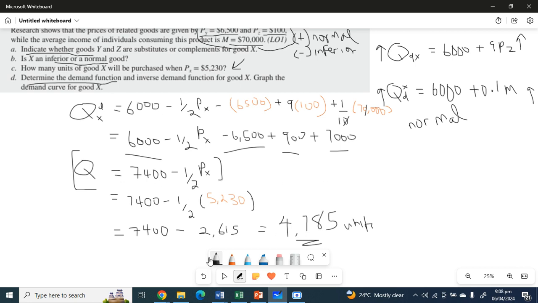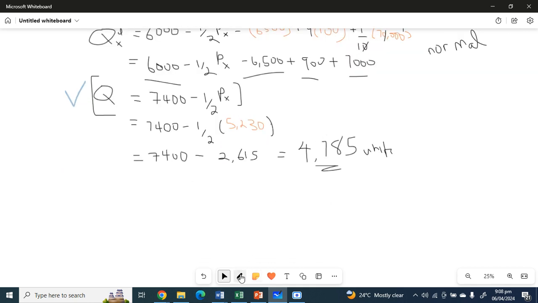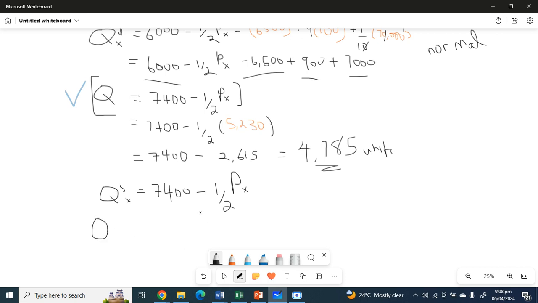With the inverse demand function, you have to make price the subject of the formula. So 7,400 minus half QX.